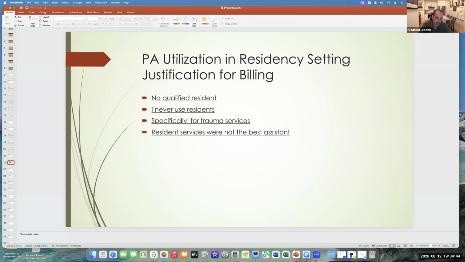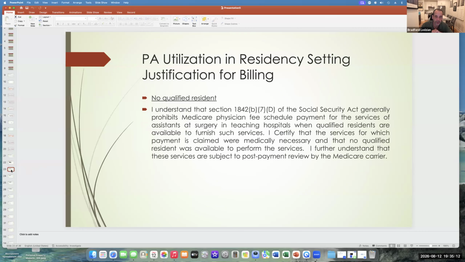So the exceptions are: there is no qualified resident available; the surgeon never uses residents, they only use PAs, they have a private system and don't participate in the residency system; it's specifically for trauma services because of the emergent nature of the service provided; and resident services were not the best assistant. And so we can go through these and look at them.